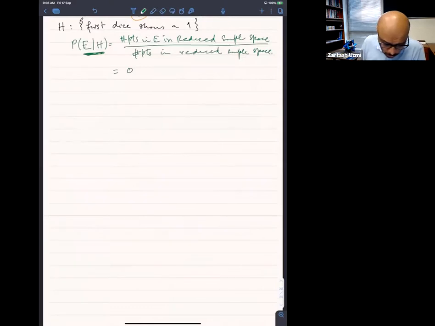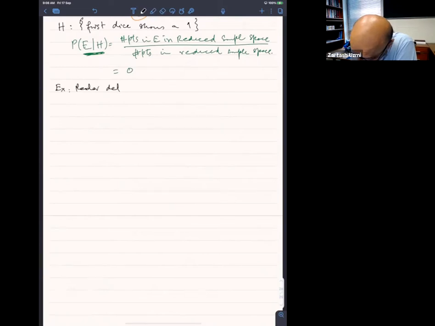So I'm going to do one more example of law of total probability. This example is about radar detection. If an aircraft comes into the airspace, a radar detects it.